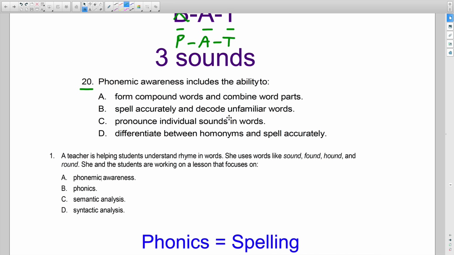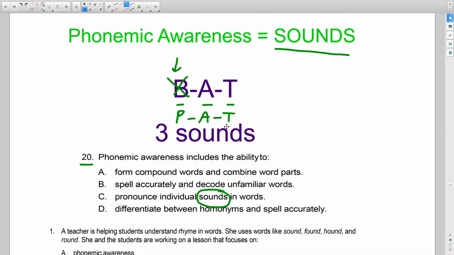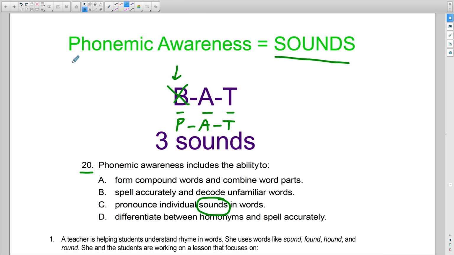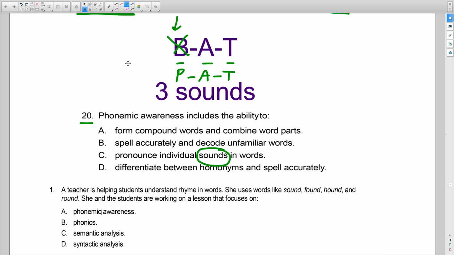Now, remember, sounds. Sounds have to do with phonemic awareness. So anytime you see phonemic, think sounds. All of these other answer choices here, compound words, this has to do with the structure. And with phonemic awareness, we're dealing with the sounds. Spelling, remember I said before, and we're going to get into this more in a second, spelling has to do with phonics, and you have spell and spell here.